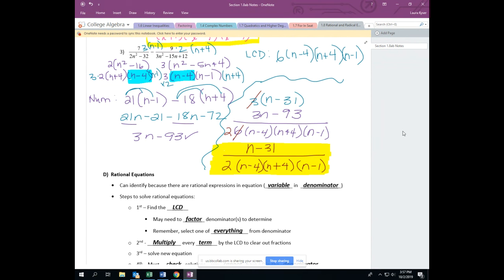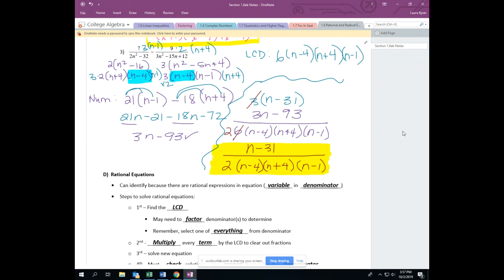All right, so the next little part is rational equations. I think this would be a good place to stop since we did all the expression stuff. And then the next video will start with domain, and then the rational equations, and then the radical equations so that you can see them.